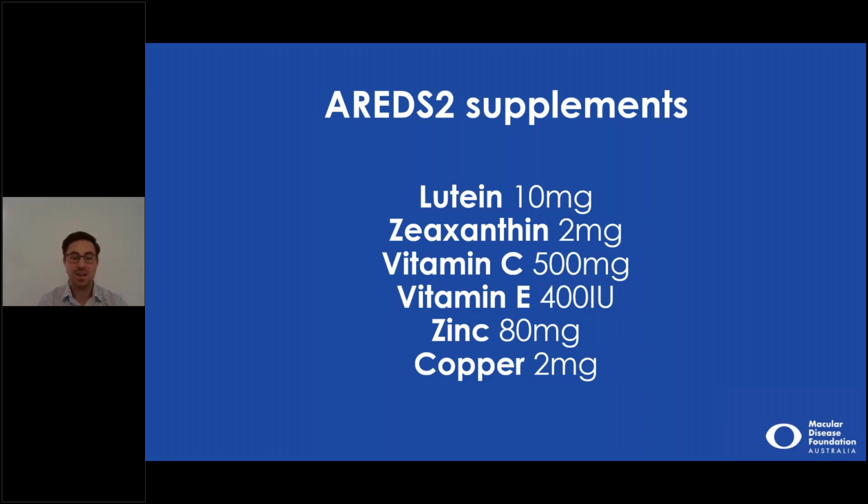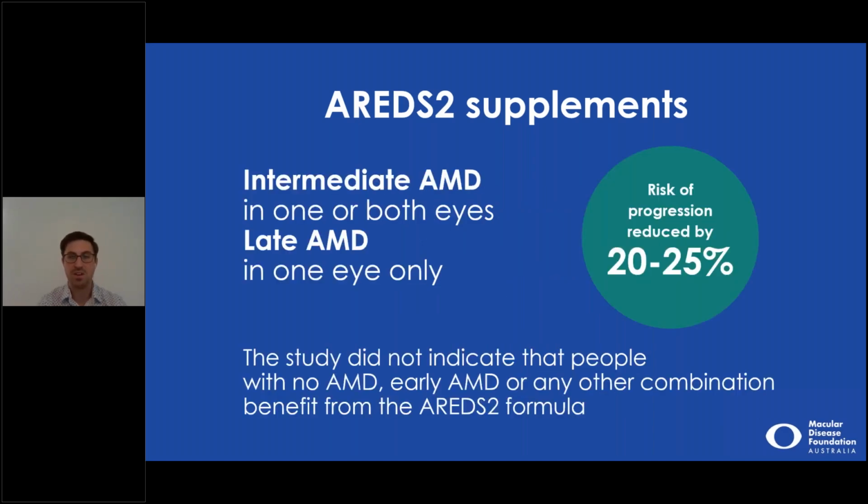This specific formula was tested in a study known as AREDS 2, which stands for Age-Related Eye Disease Study 2. Nice and simple. The study found that this specific formula was able to reduce the risk of AMD progression by 20 to 25% for people with intermediate AMD in one or both eyes, or late AMD in one eye only.